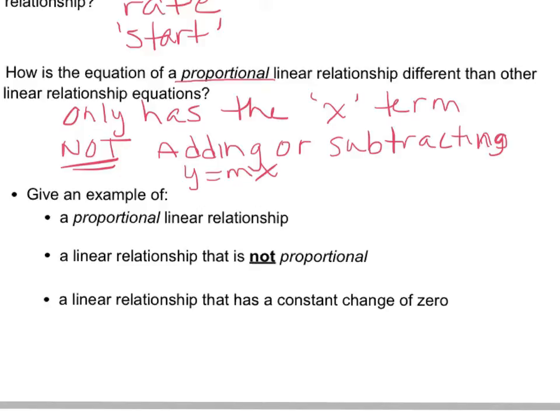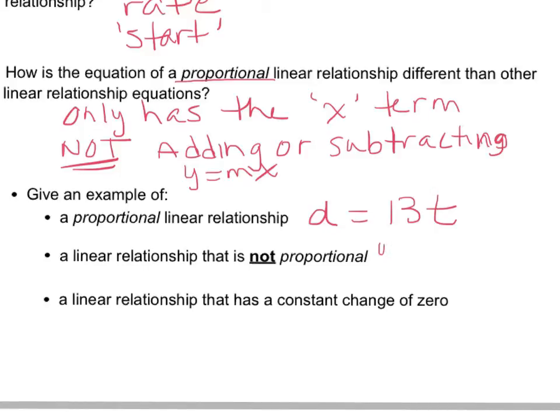So what are a few examples of equations of linear relationships? If I have a proportional relationship, it's going to look like y equals mx, so maybe something like d equals 13t. A linear relationship, if it's not proportional, remember, then it's going to have something added or subtracted, some kind of starting point.